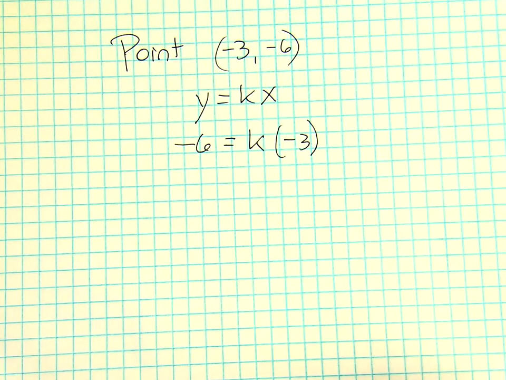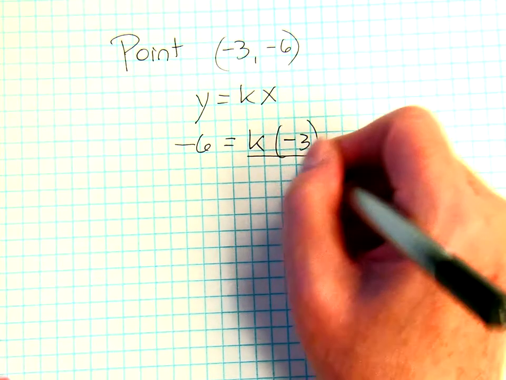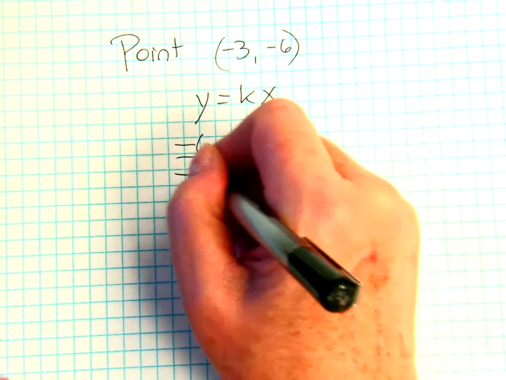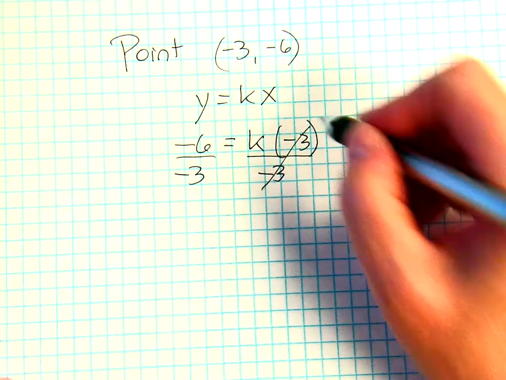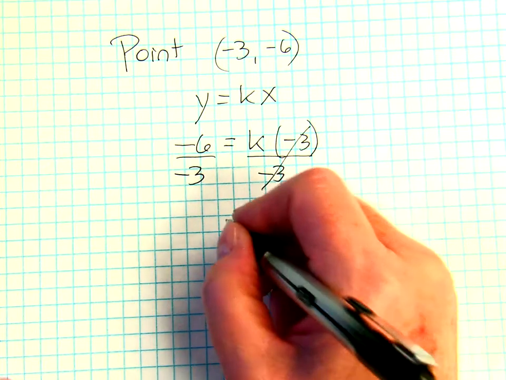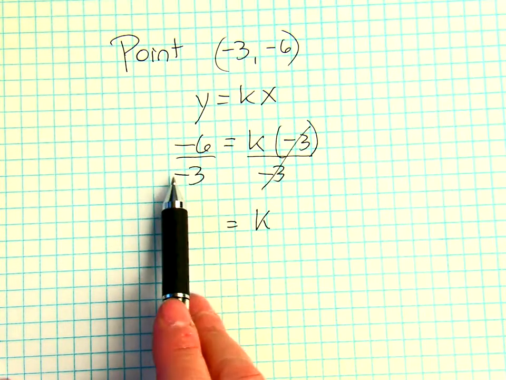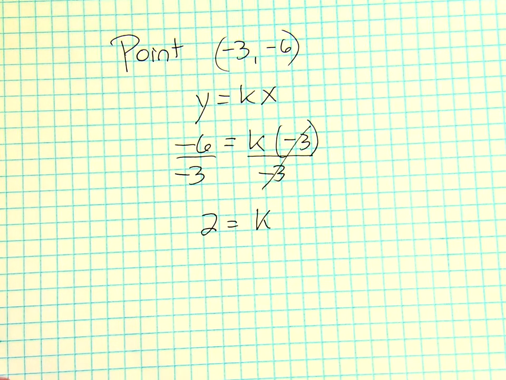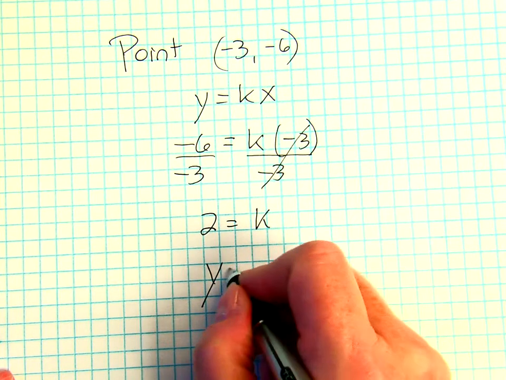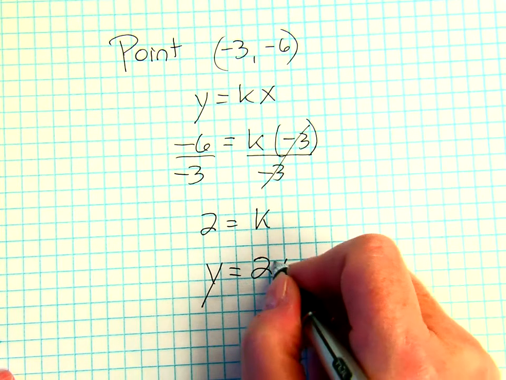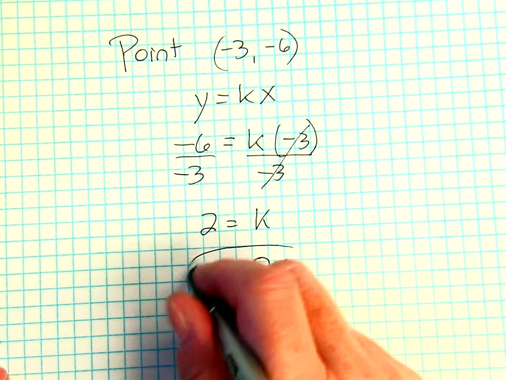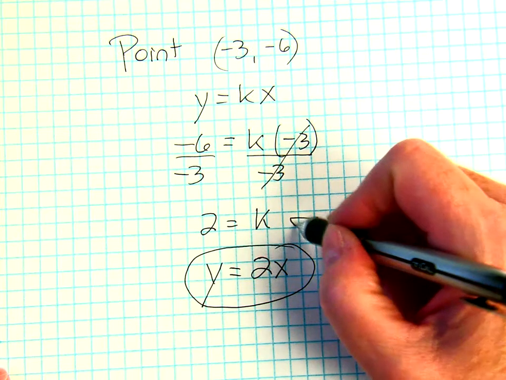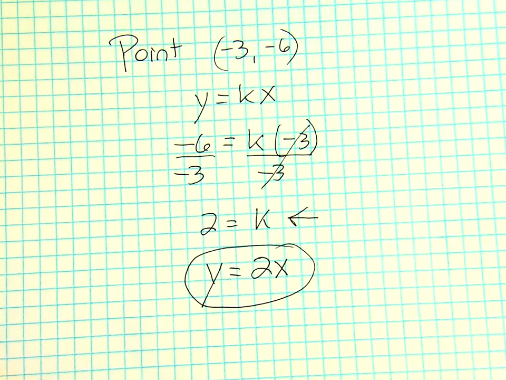The way that we separate multiplication is with division, so I will divide both sides by -3. That cancels on this side, and k is equal to -6 divided by -3, which is +2. Now I know what k is, so I can write my direct variation equation: y is equal to 2x. This is the equation I'm looking for, and all I had to do was substitute the point.